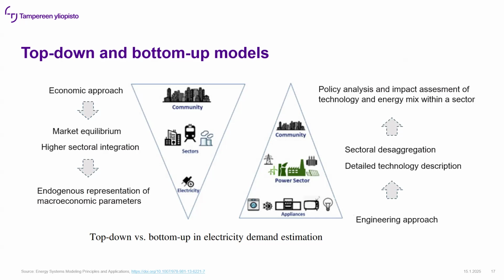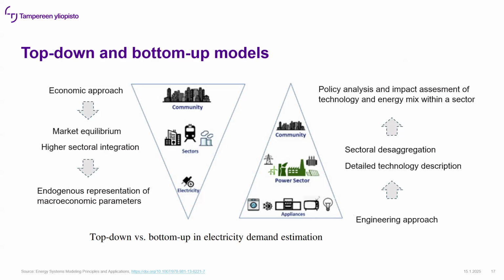So you calculate each sector by themselves, and then you start playing with their interconnective nature or variables. And at the top in here, policy analysis and impact assessment of technological energy mix within a sector. So you can assess something like that. This top-down has more of an economic approach, market equilibrium, higher sectoral integration.